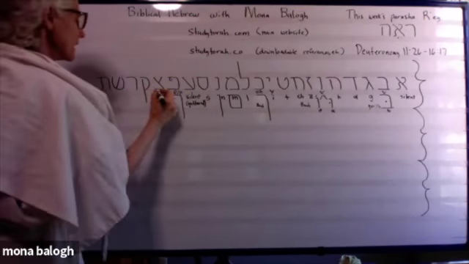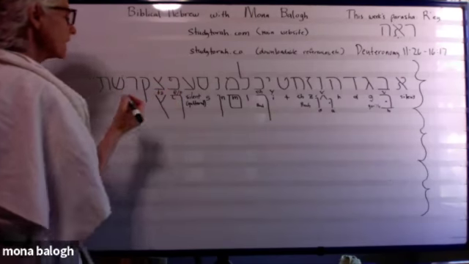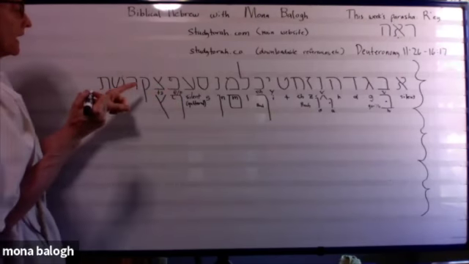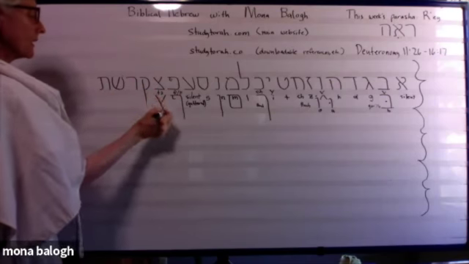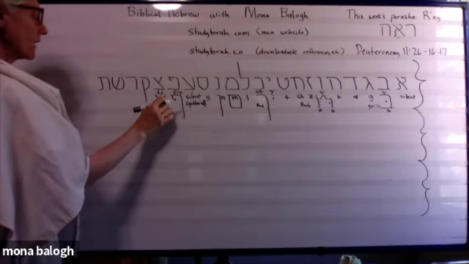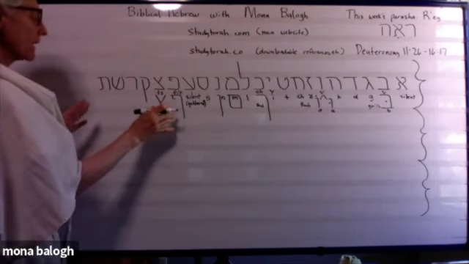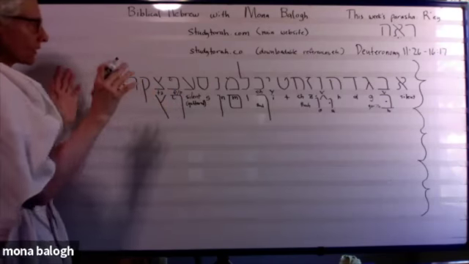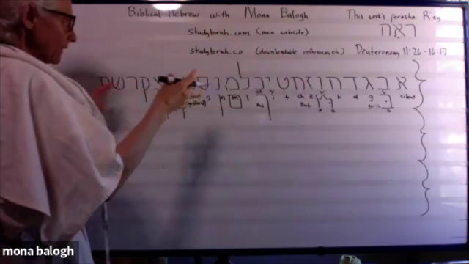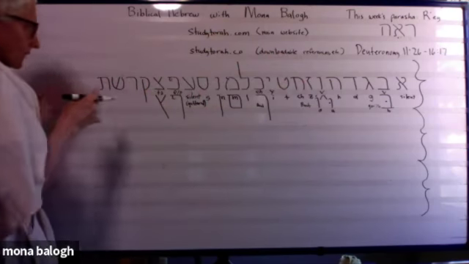Sadi has a TZ sound, like in cats, Mr. Katz, or pizza. Again, the Sofit forms are just forms, they have the same sound. Okay, kuf, if you look at it, so Hebrew is read from right to left, English is read from left to right.